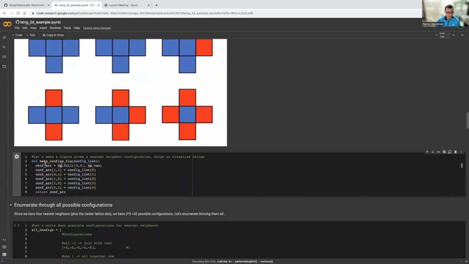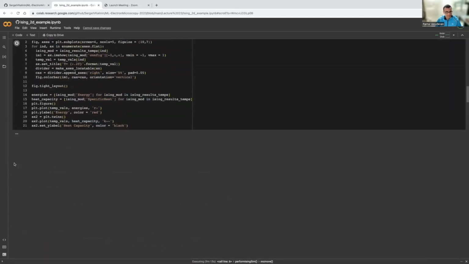To do that, the first thing I'm going to do is make a utility, which is just going to make my figure of the configurations that are being passed to this particular function. Why might we do that? If I'm going to enumerate through all of the possible configurations, then I want to visualize it quickly, and this allows me to do that. So let's come back up here.